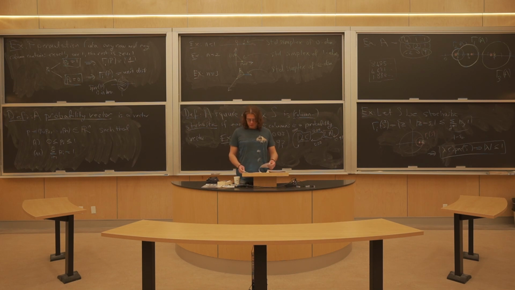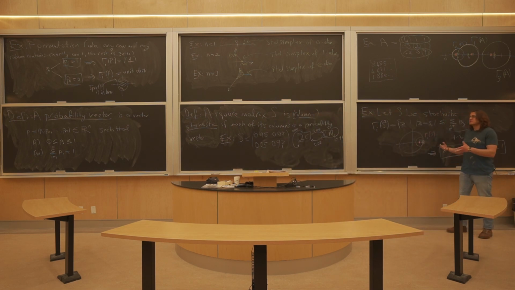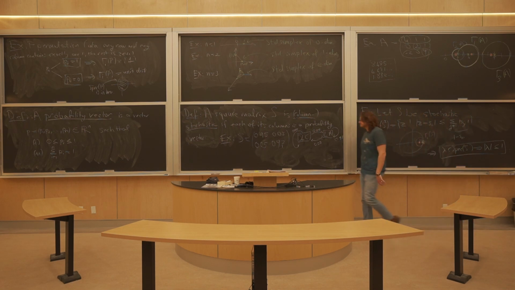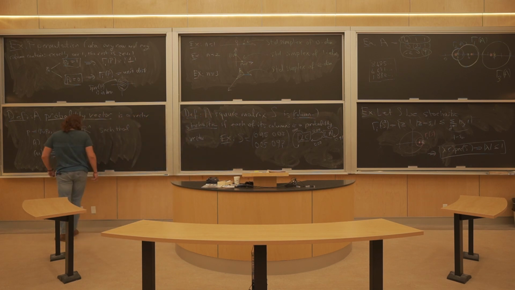Okay, so let me give the definition of a Markov chain now. Now that you have a stochastic matrix, at least for our purposes, a Markov chain is nothing but a dynamical system where your time evolution is given by a stochastic matrix. This is not exactly how it is defined generally, but this is how they define it in the book.